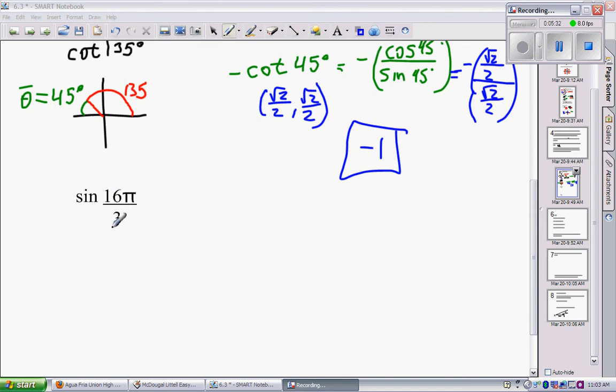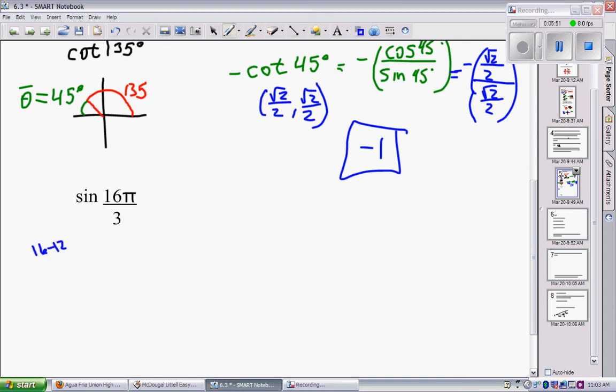When you have thirds, you need 2 pi. So 2 times 3 is 6. 6 goes into 16 twice. So 16 minus 12 is 4. So we are really taking the sine of 4 pi over 3.